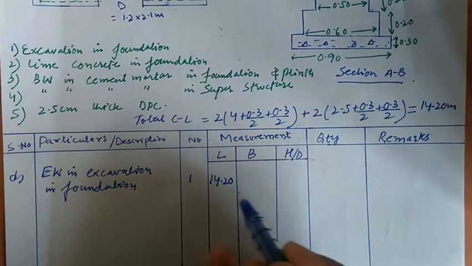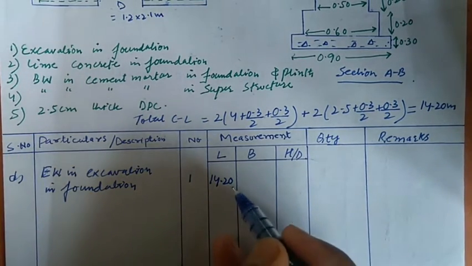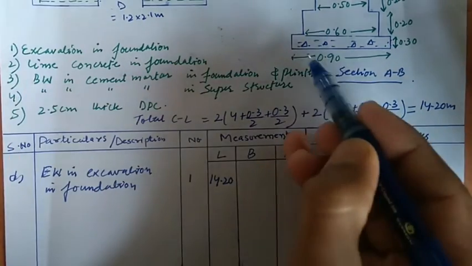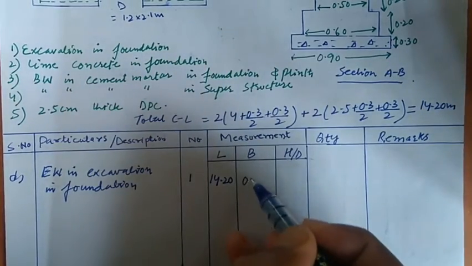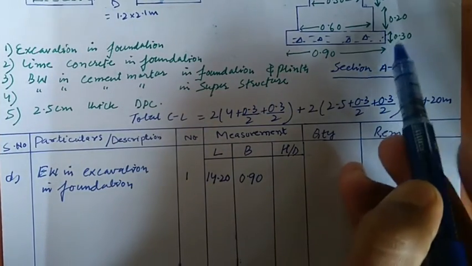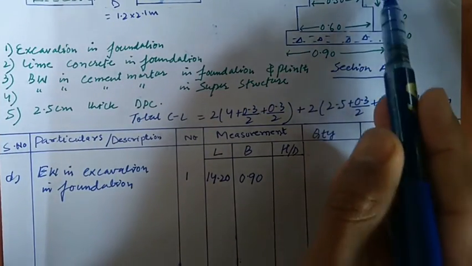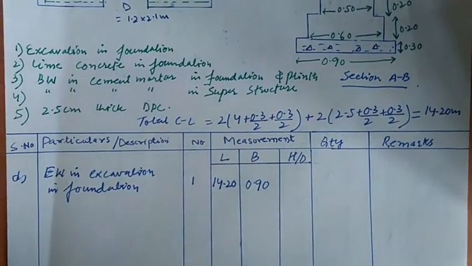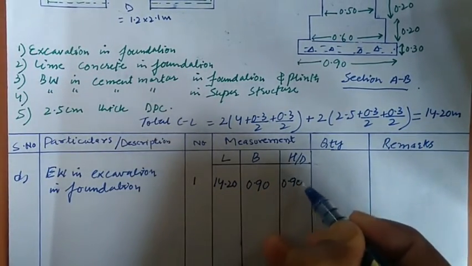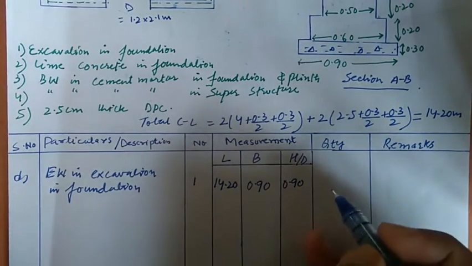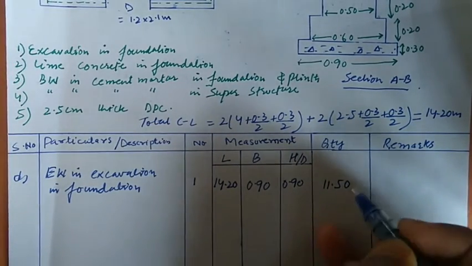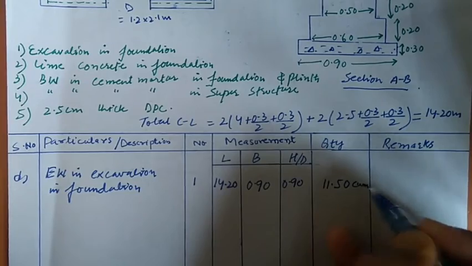The breadth for the earthwork in excavation, you can see it from here, is 0.90. The height is 0.30 plus 0.20 plus 0.20 up to the ground level, which is also 0.90. So multiplying it, we will get the quantity 11.50. The unit is cubic meters.